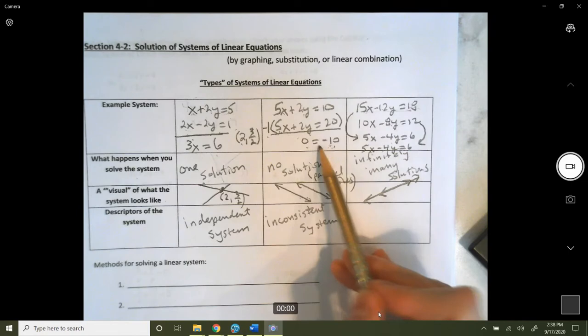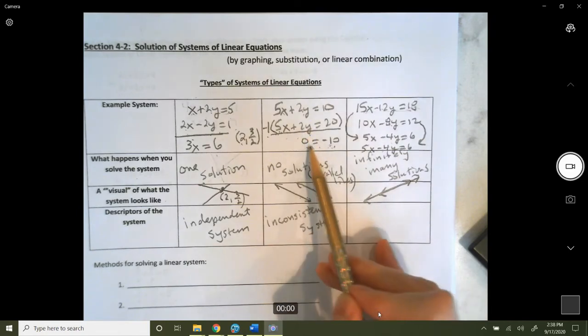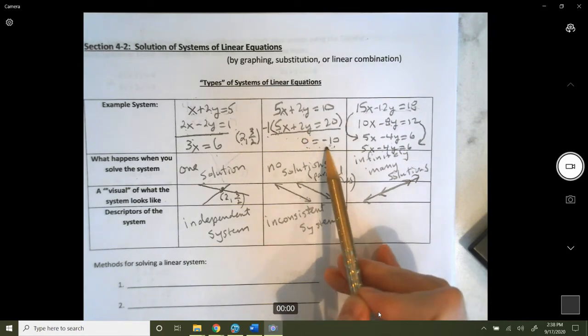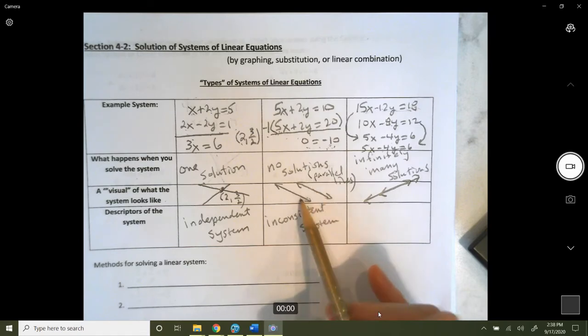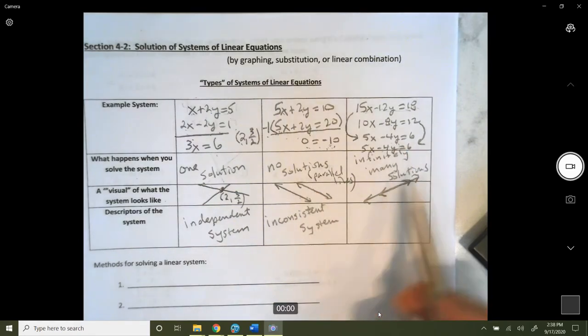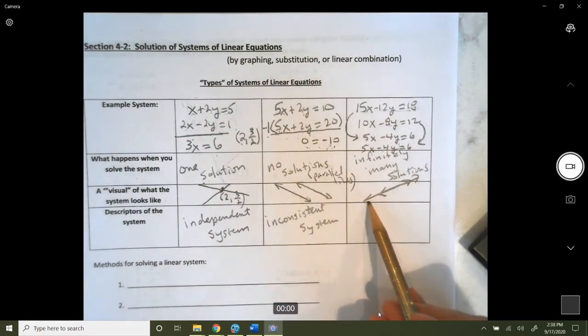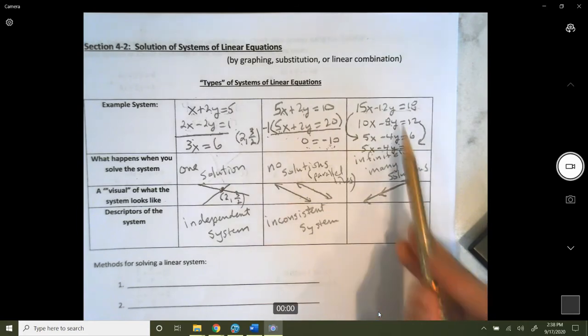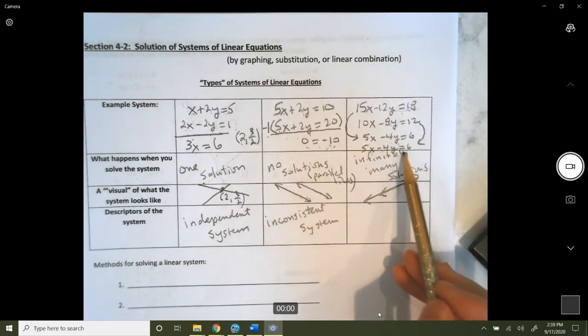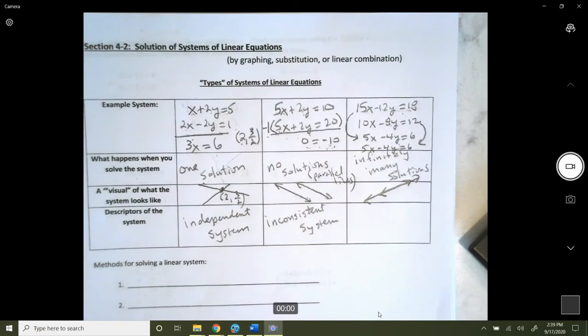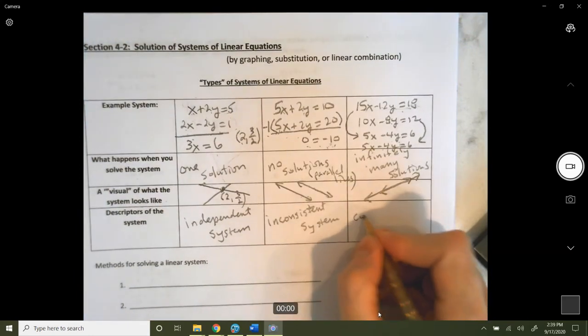Unlike here, everything got eliminated and you're left with a statement that's always false because there are no solutions. Here you get something that's always true because there's infinitely many solutions. So as long as a point is on one of these lines, it's also on the other because they're the same line. And this is called a consistent system.